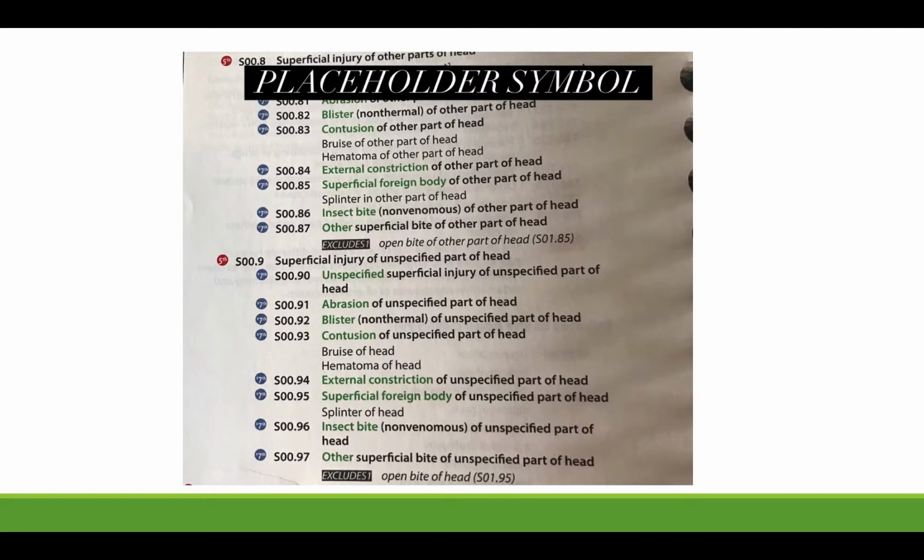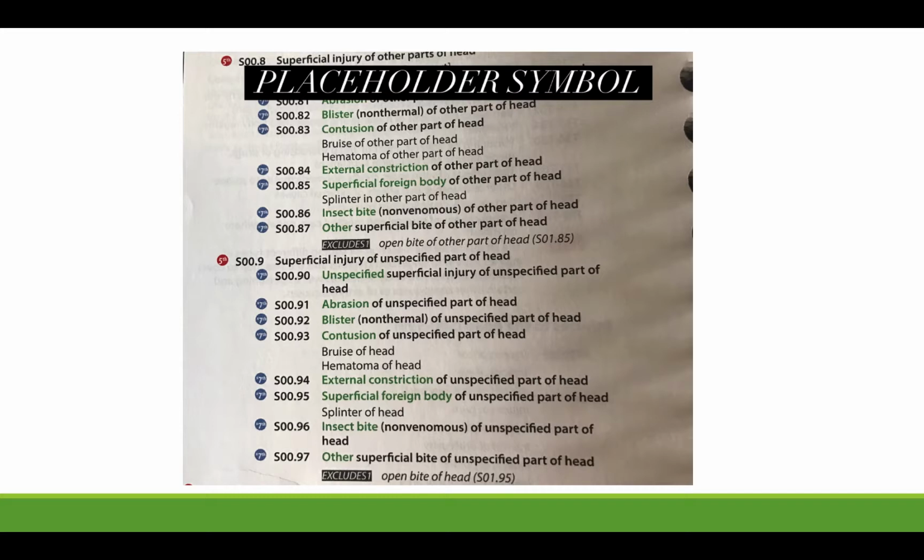Look at this code S00.9, superficial injury of unspecified part of the head. It says a 5th digit is required. You go to the indented codes below and pick which one goes with your scenario. So let's just say it's unspecified, S00.90. Well, now this code is saying we need the 7th character.